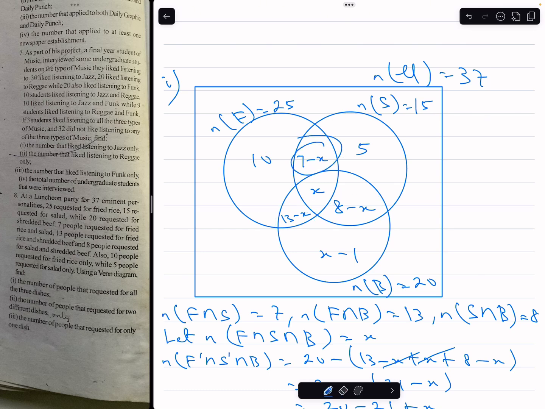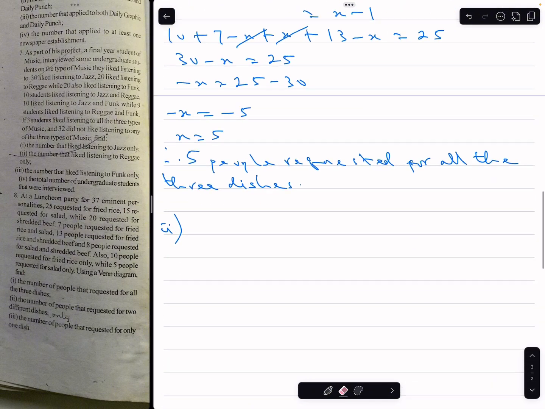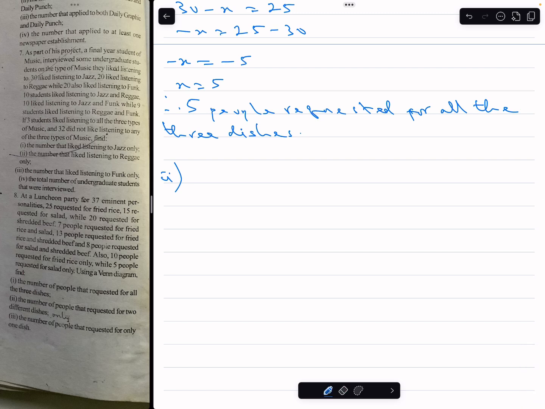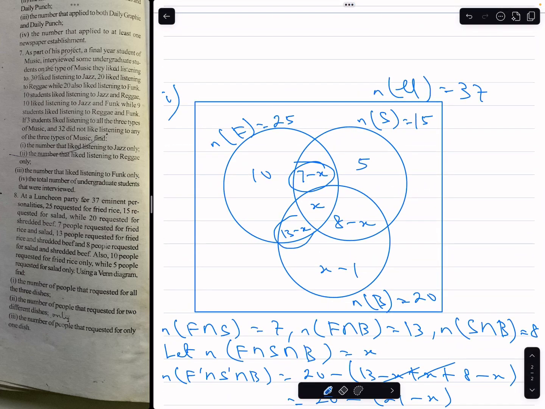And that will be 7 minus x plus 13 minus x plus 8 minus x.